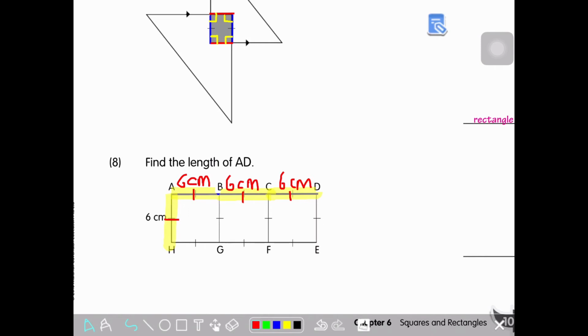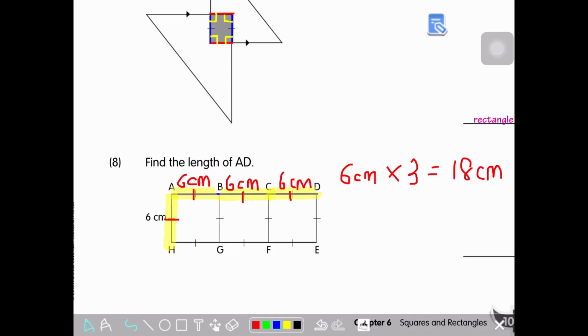So what is the length of AD? It is 6 cm times 3, which is 18 cm.